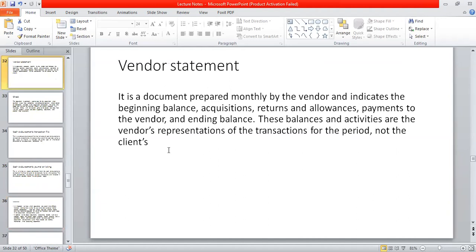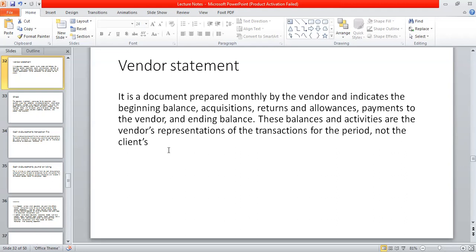Another document is the vendor statement, which is a document prepared monthly by the vendor and indicates the beginning balance, the acquisitions, the returns and allowances, as indicated by the debit memos, payments to the vendor, and the ending balance. These balances and activities are the vendor's representation of the transactions for the period, not the client's.